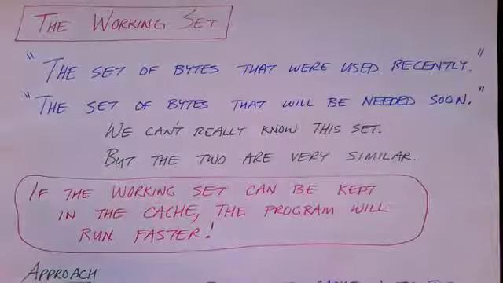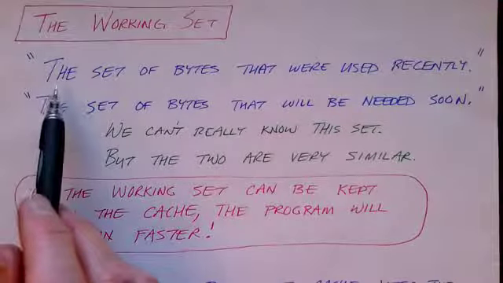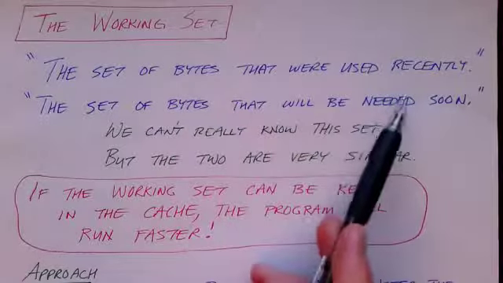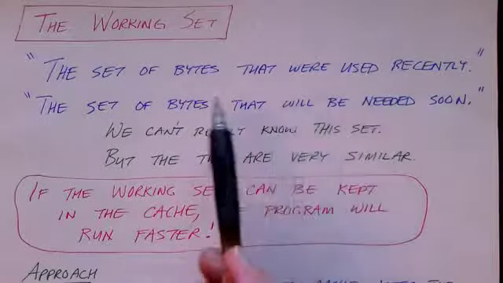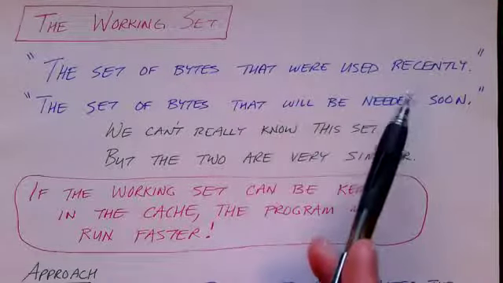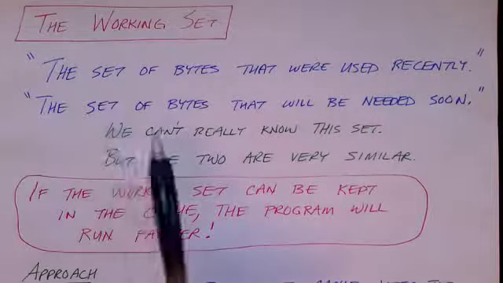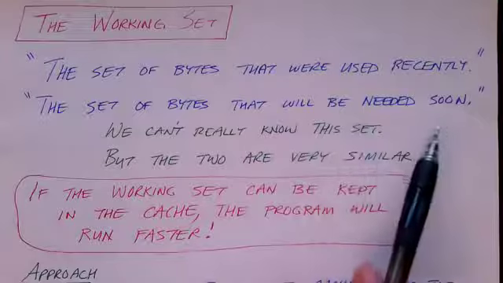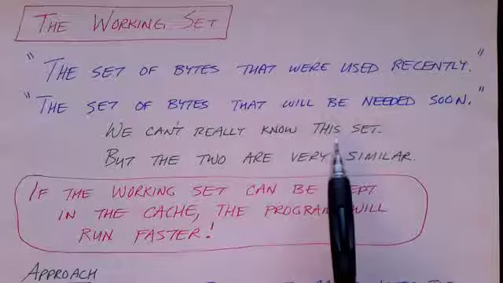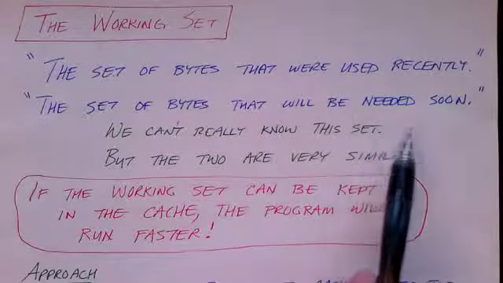Now we're ready to try and give a definition of the working set. We can say it's the set of bytes that were used recently, whether data or instruction, we don't care, but just the set of bytes that the program needed in the recent past. Another definition might be the set of bytes that will be needed soon in the near future, although we can't really know what the program's going to do, so it's kind of difficult to know what bytes are going to be needed.